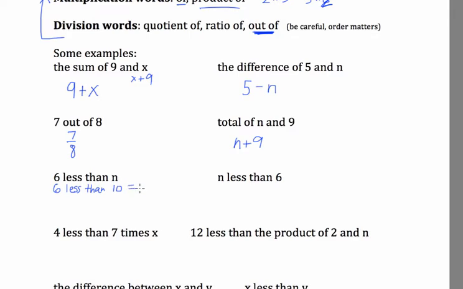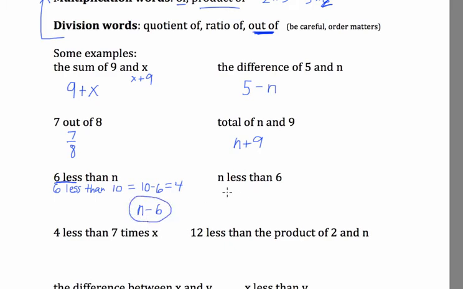What did you do to do that problem? You did 10 minus 6 and got 4. So 6 less than 10 really means 10 minus 6. So if you want to do 6 less than n, similarly you have to do n minus 6. So the 6 less than actually goes after the n: n minus 6.